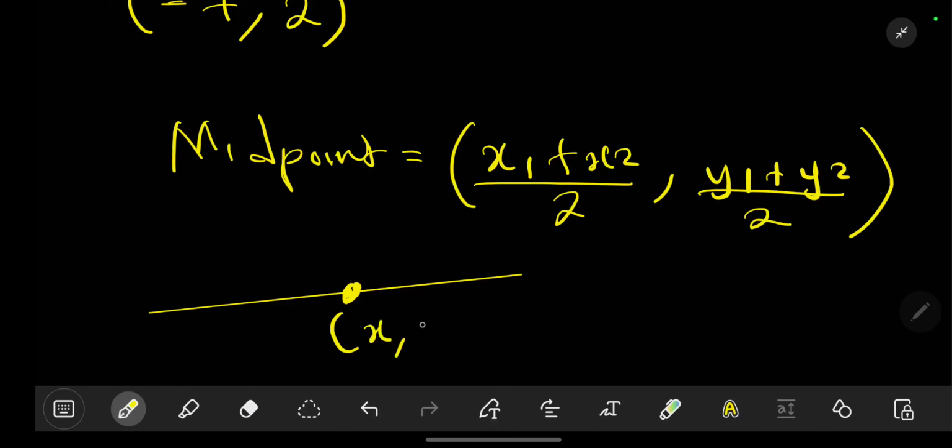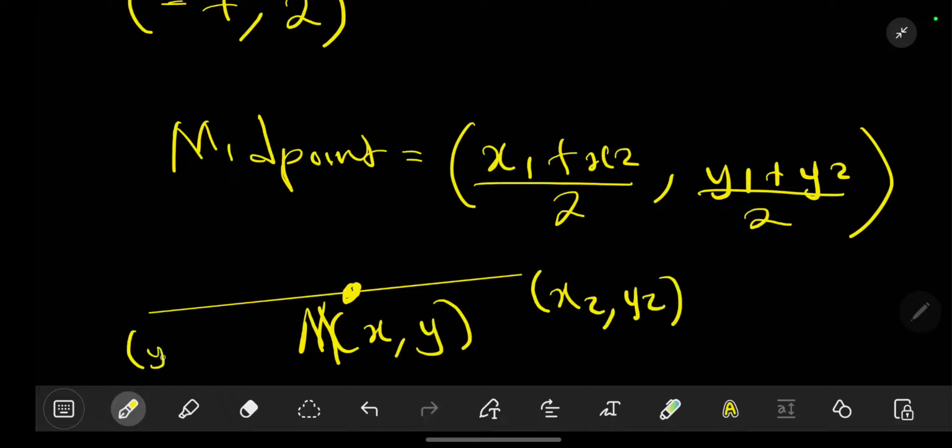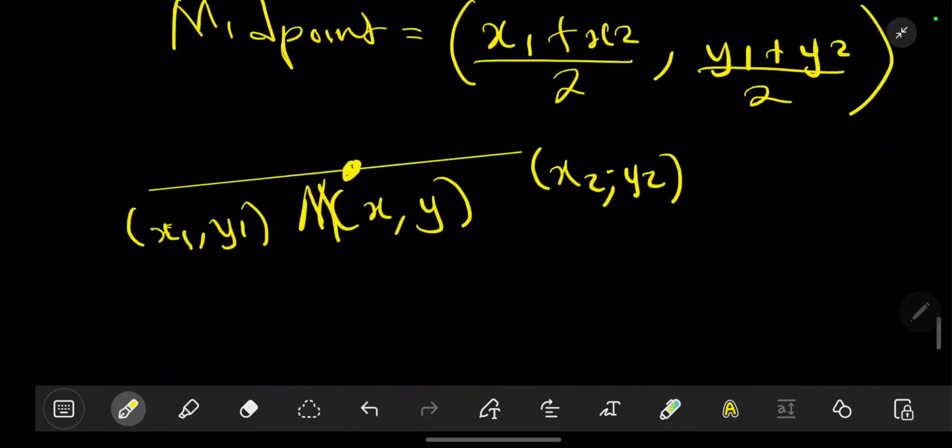What are these coordinates? What is your x and y for the midpoint? So you add the x1 and the x2. If we have x2, y2 here, and x1, y1, you add x and x, you divide by 2, and it will give you the midpoint. So it's a very simple concept.